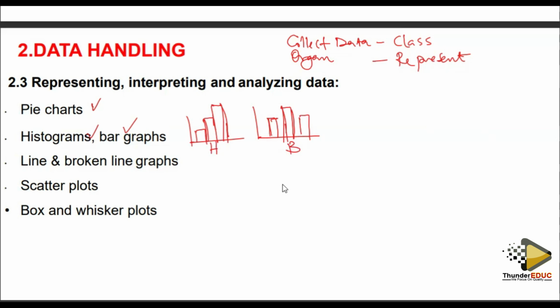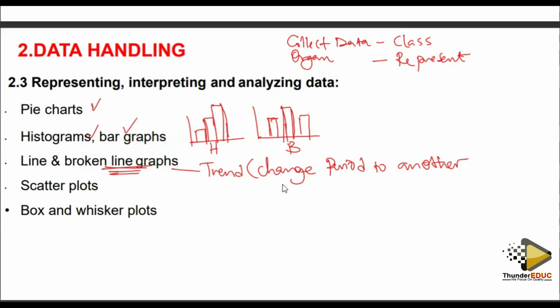In a line graph, this one here, when do you use a line? We usually use it when we are trying to show trend. In other words, change from one period to another.